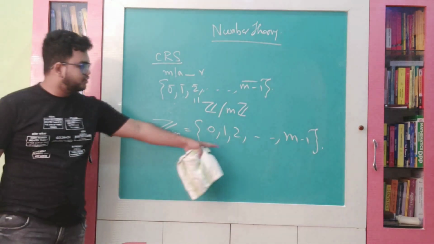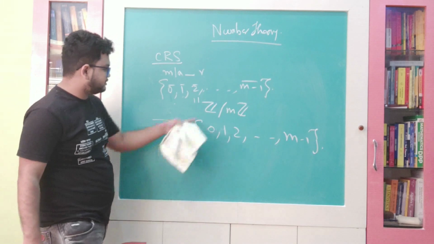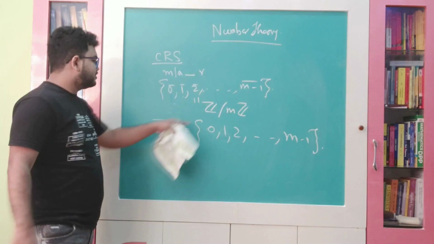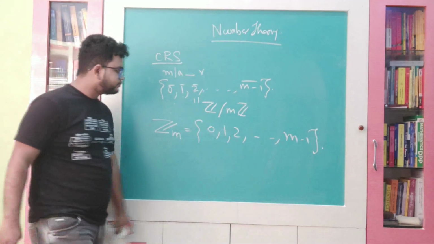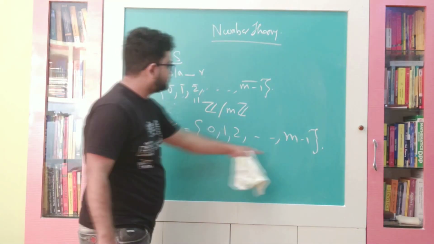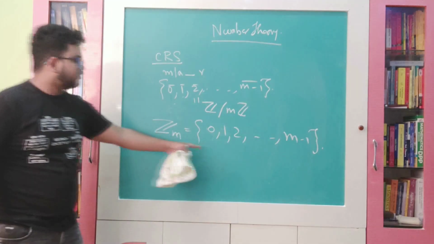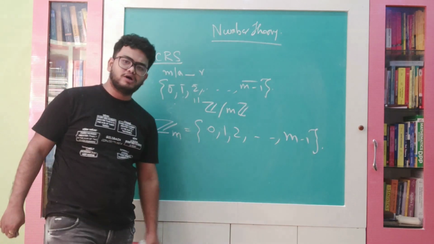Sometimes this is also denoted by Zm, and there is no difference. So Zm are all the possible remainders on division by m. So all the integers of this set form a CRS, a complete residue system modulo m.